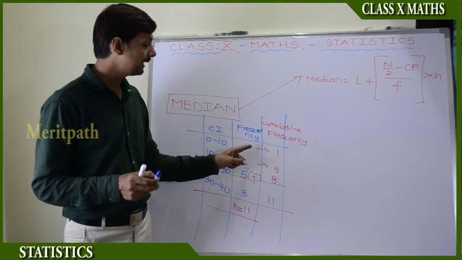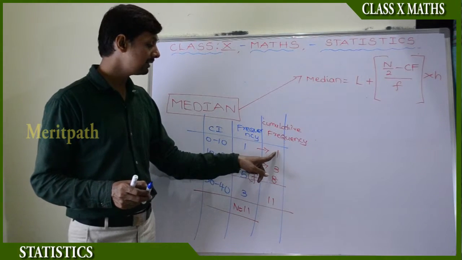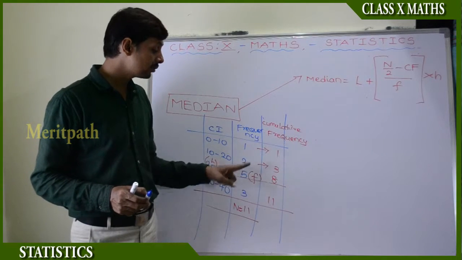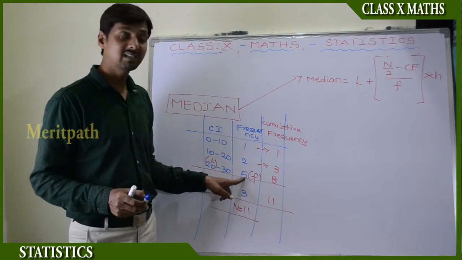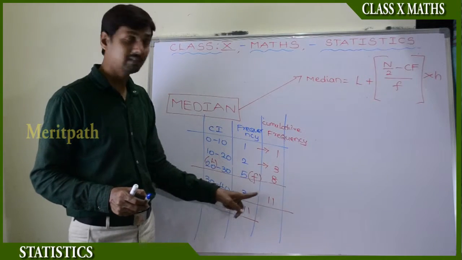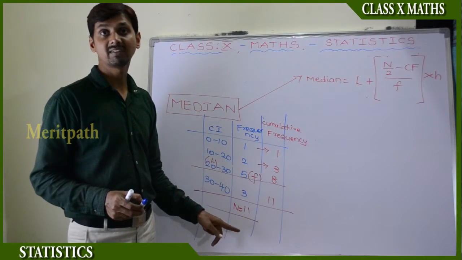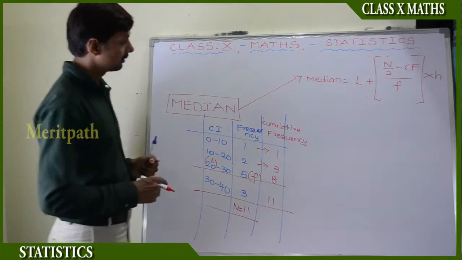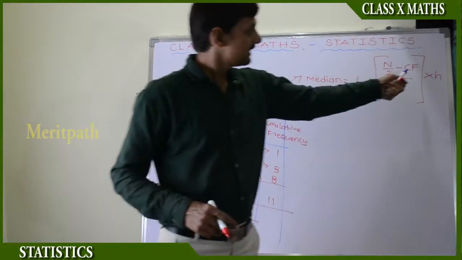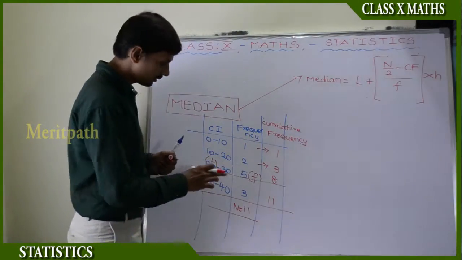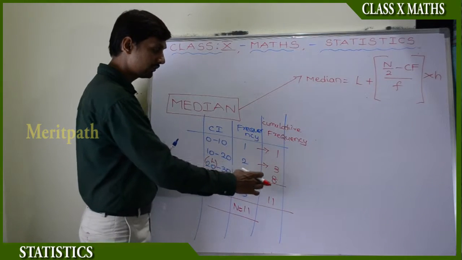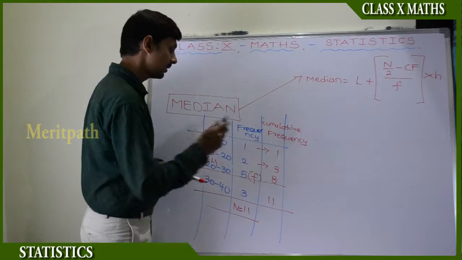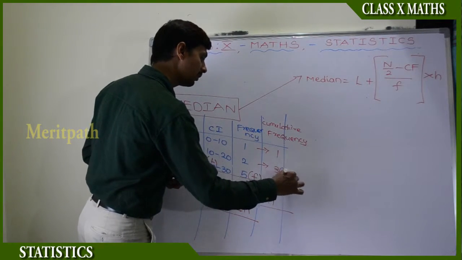Let's recall it again. 1 is taken as 1, 1 plus 2 is 3, then 3 plus 5 is 8, and 8 plus 3 is 11, and we got the cumulative frequencies like this. To find CF, the cumulative frequency of the class preceding the highest frequency class is called CF. So 3 is called CF, the cumulative frequency.